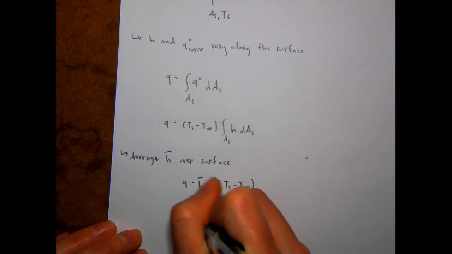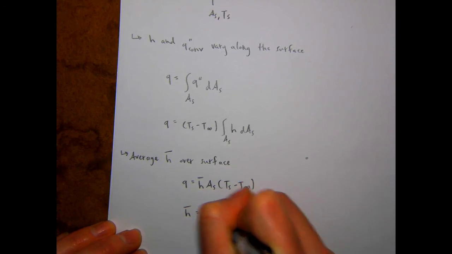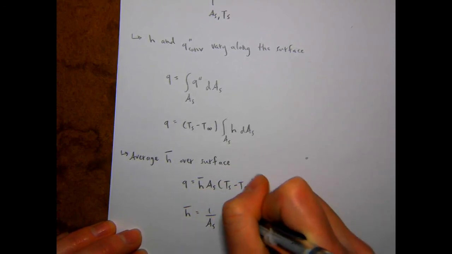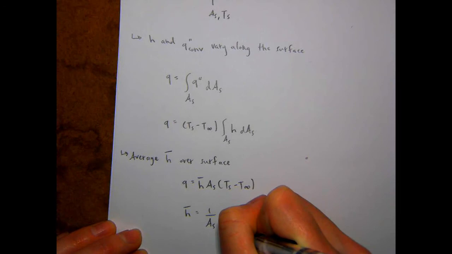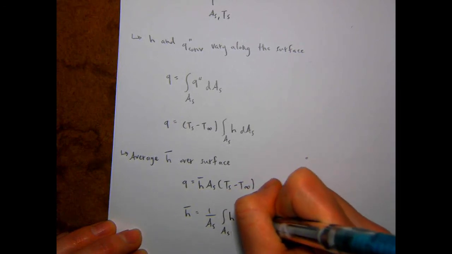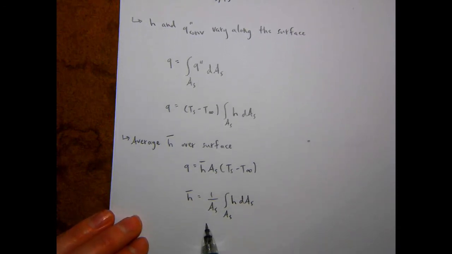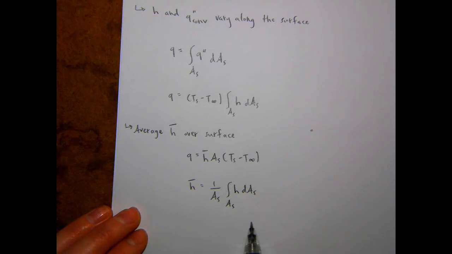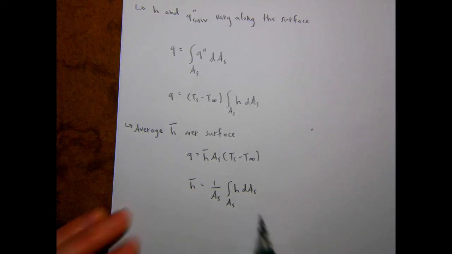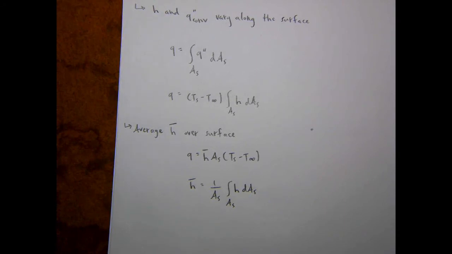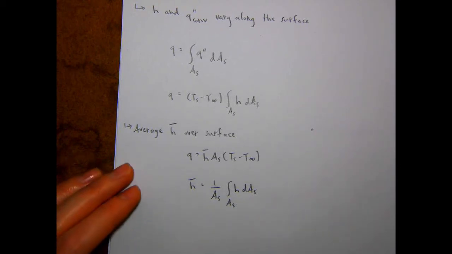And the average h would then have to be defined by writing the average in terms of an integral. So basically summing h up over the entire surface and then dividing by the surface area. So it's just an average written in integral form because h is varying with A. You're all like, circular integrals, oh god.